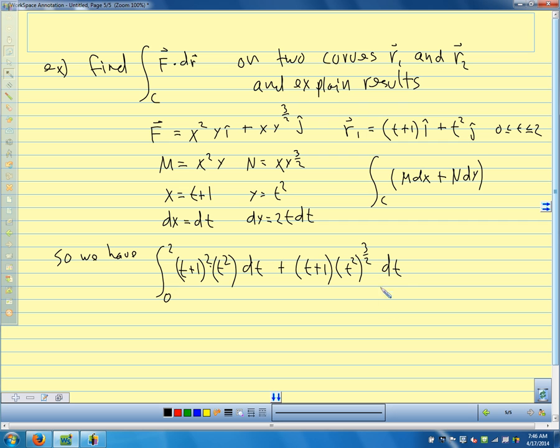So that was my line integral. To evaluate this, distribute, square this, and we just end up with integrals of polynomials. Yes? Dy, yes, I forgot my 2t. Thank you. dy is 2t dt.